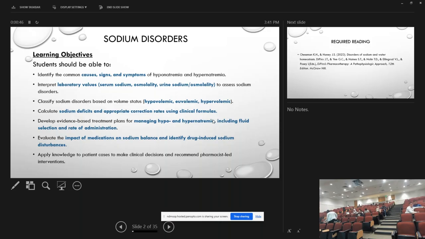So, Dr. Gonzalez, when the patient is nothing by mouth, we're going to use maintenance IV fluids, right? Because the patient is unable to tolerate fluids, assuming your assessment does not identify hypovolemia. Yes.